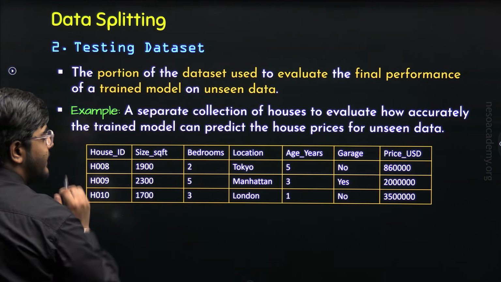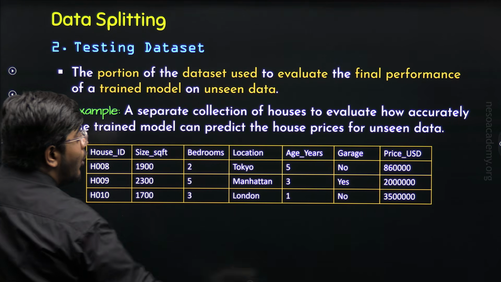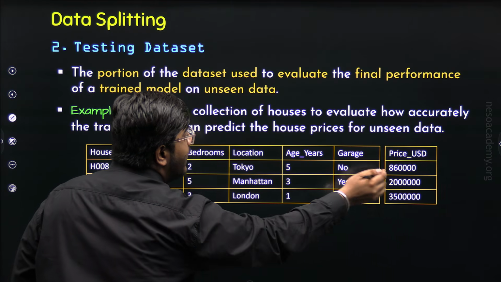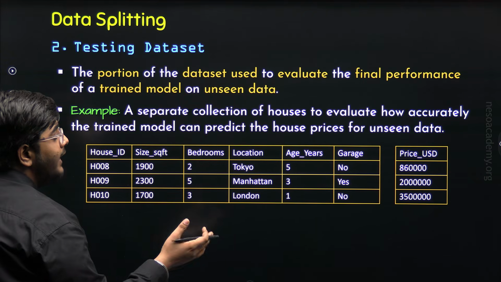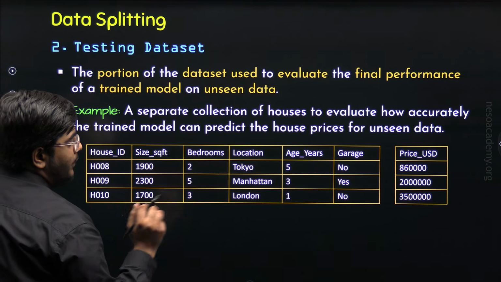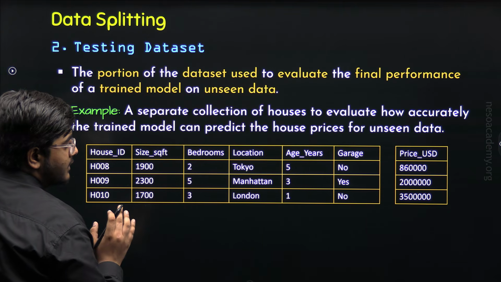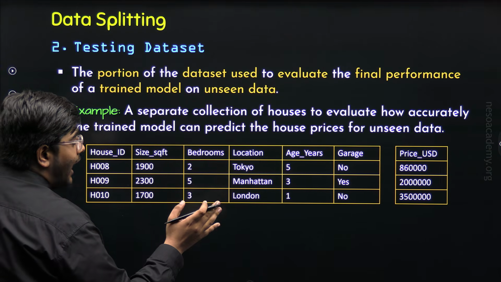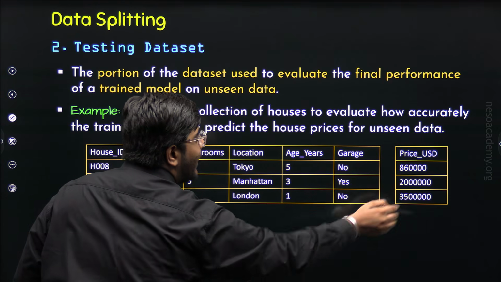Now, during the testing phase of our machine learning model, we will give the model only the features of the houses. We will not give it the actual prices of the houses, because house price is something that our model is expected to predict. Our machine learning model will predict the prices of the houses. After that, we will compare the predicted prices with the actual prices.